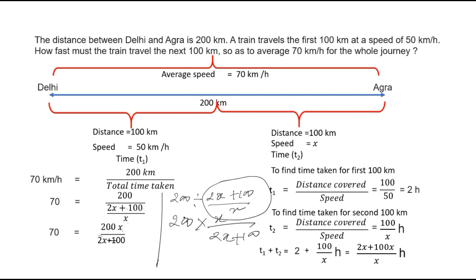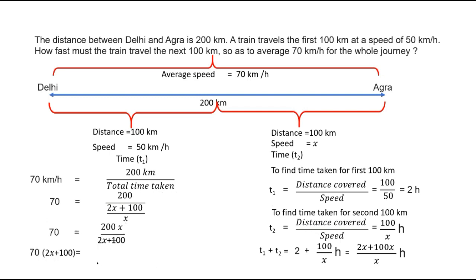So it becomes 200x divided by (2x plus 100). Our equation becomes 70 is equal to 200x divided by (2x plus 100). When you do a cross multiplication, it becomes 70 into (2x plus 100) is equal to 200x.